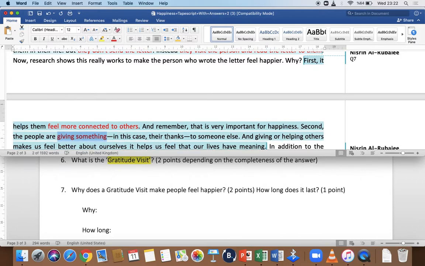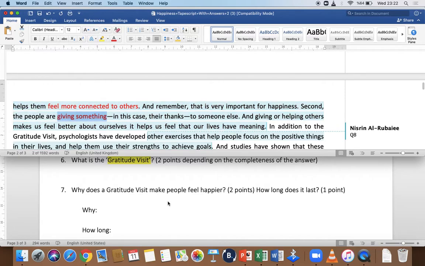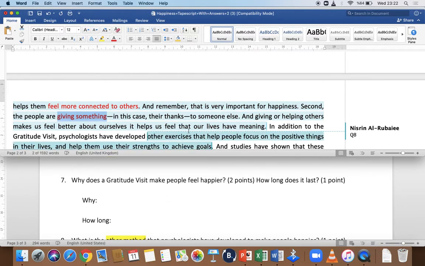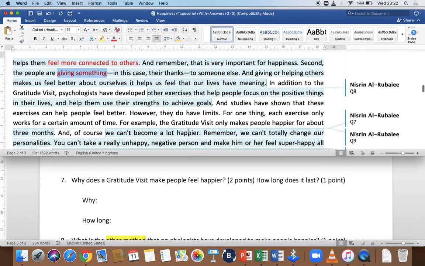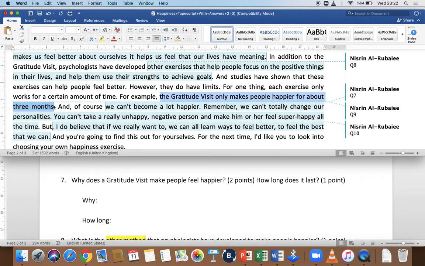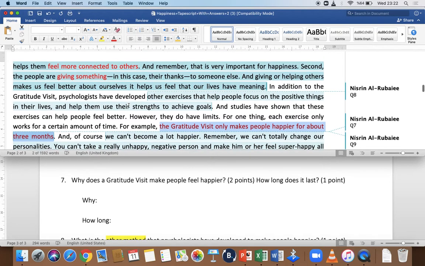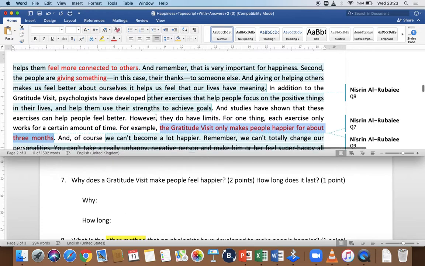Something is their thanks here. Two reasons. They feel more connected to others and they are giving something, so they are happy. And how long? The gratitude visit only makes people happier for about 3 months. Okay, how long? You should just write 3 months here.